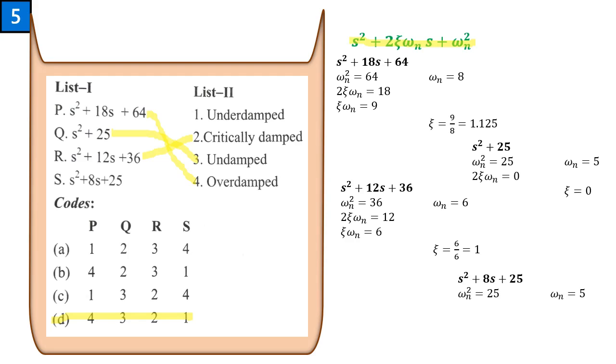Omega n square is 25. Omega n will be 5. 2 zeta omega n is 8. So zeta omega n will be 4. And now we have to divide it by omega n. So it will be 4 upon 5. That will give zeta as 0.8, which is less than 1. So it will be underdamped. Option will be D here. So now let's see our next question.